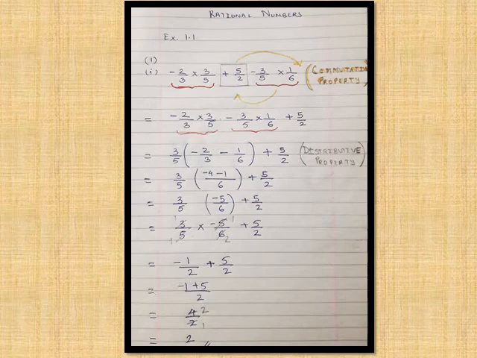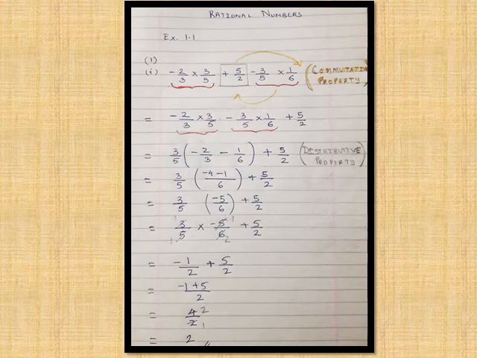So 1 multiplied by negative 1, remember there is a negative sign, becomes negative 1, and denominator 1 multiplied by 2 becomes 2. So we have a new fraction here, negative 1 upon 2 plus 5 upon 2.